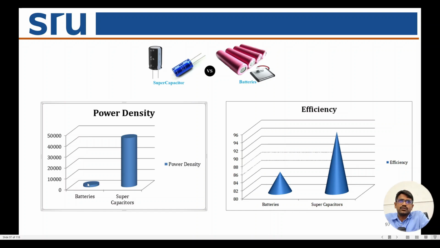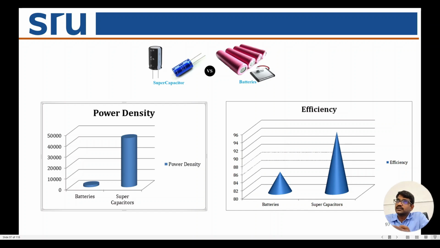Batteries' power density is low. Coming to efficiency, efficiency is also less in batteries because we need to charge and discharge. Batteries don't have that much cyclability, but supercapacitors can provide longer cycles.